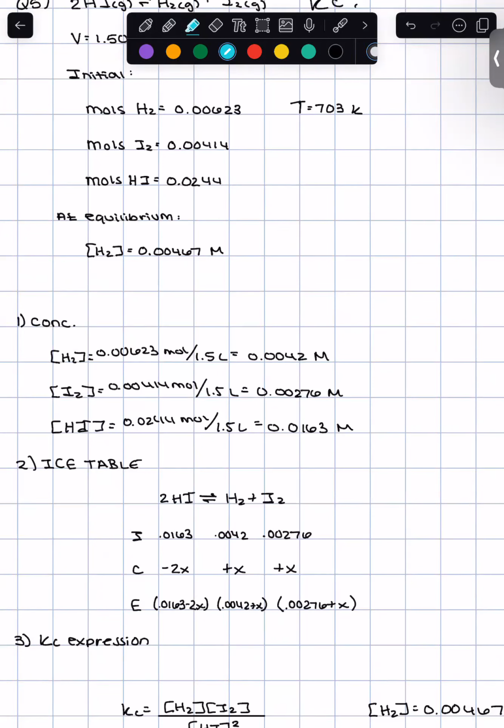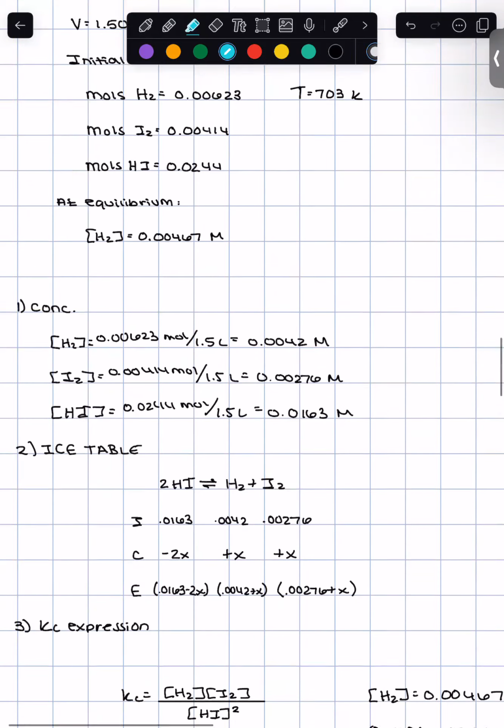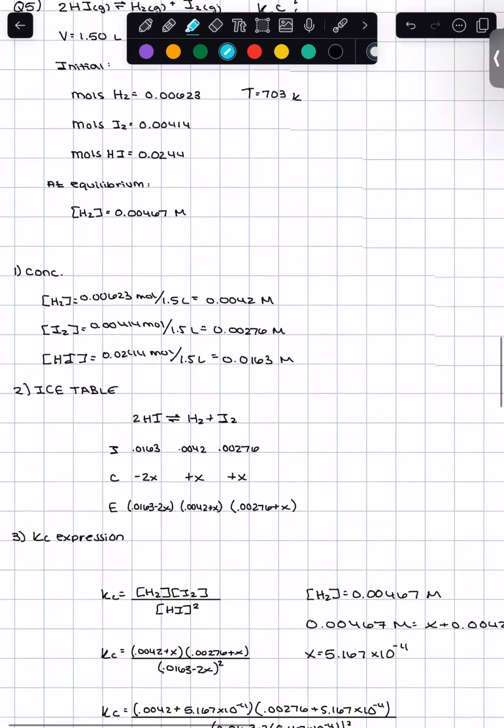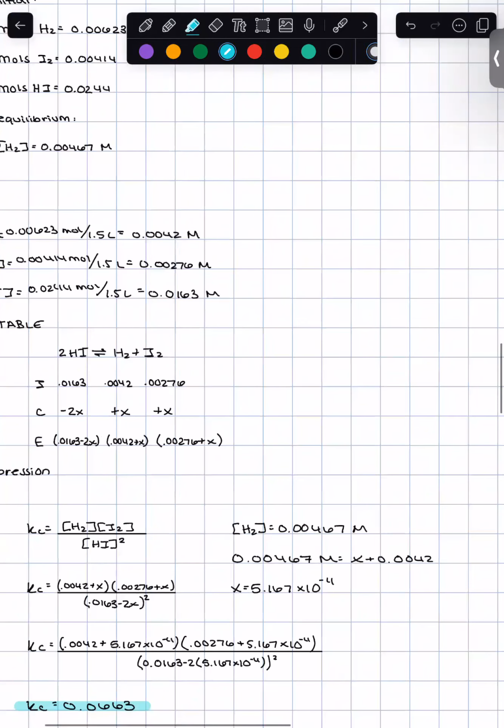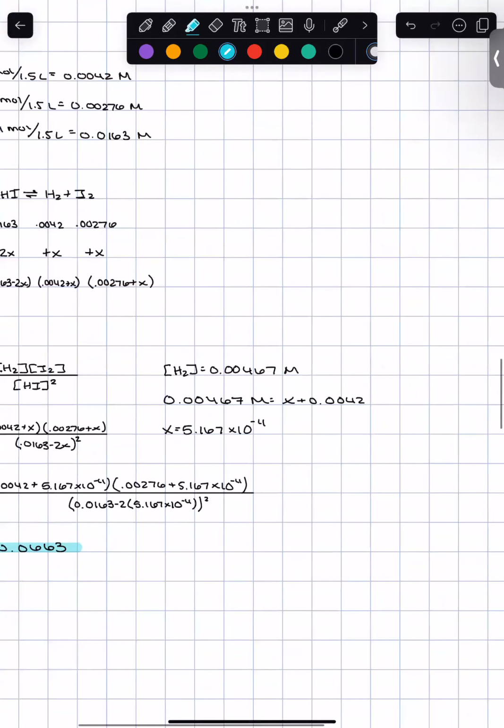Thanks for asking. I have another question. When I set my H2 equal to x plus 0.0042, I got a slightly different value, and I don't know if I'm doing it wrong. I believe it is because you are rounding the value. When I say 0.0042, I'm rounding it.